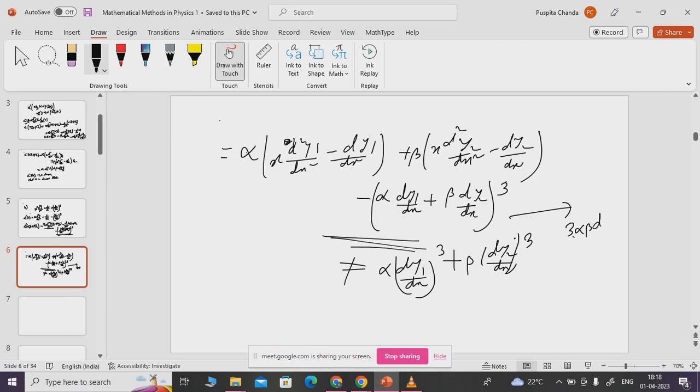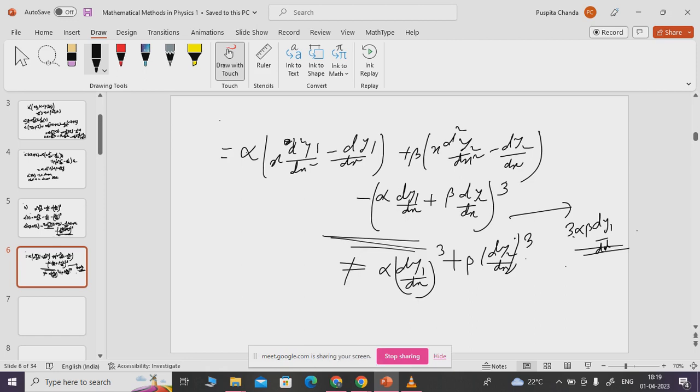This part also contains 3 alpha beta dy1/dx... Like (a plus b) whole cube is a cube plus b cube plus 3ab(a plus b), so that part will be there.